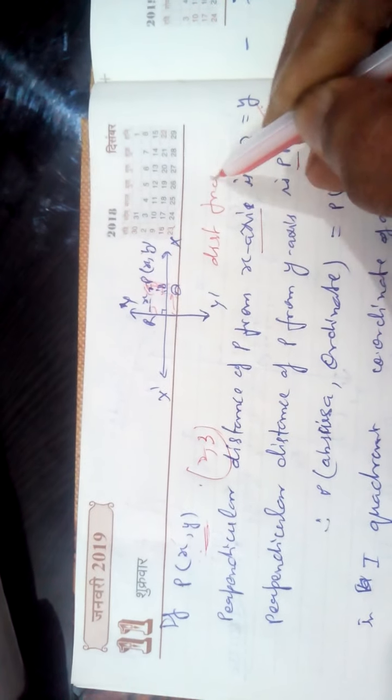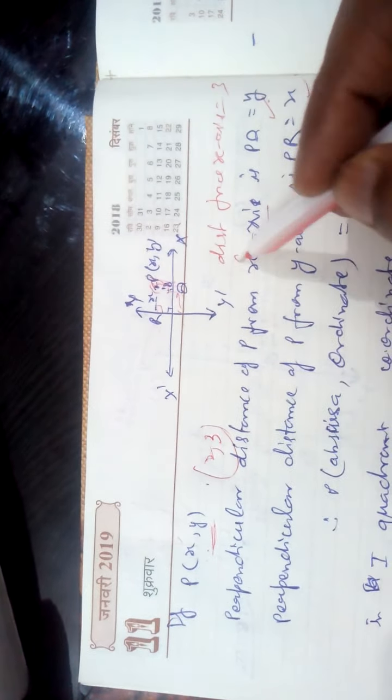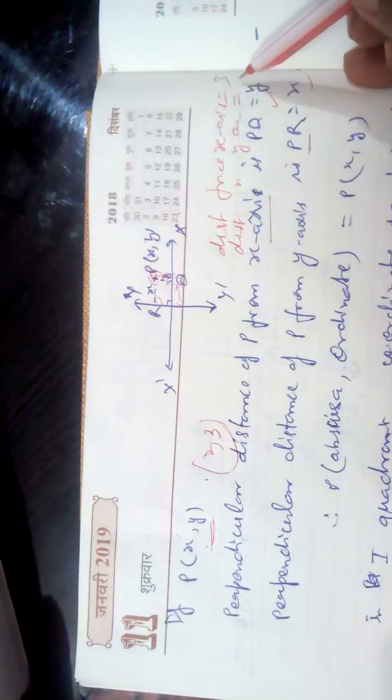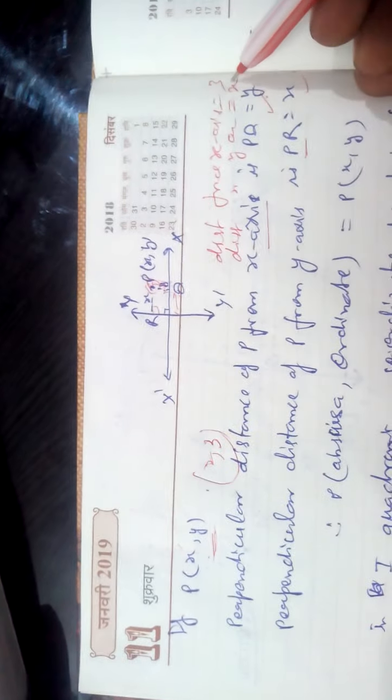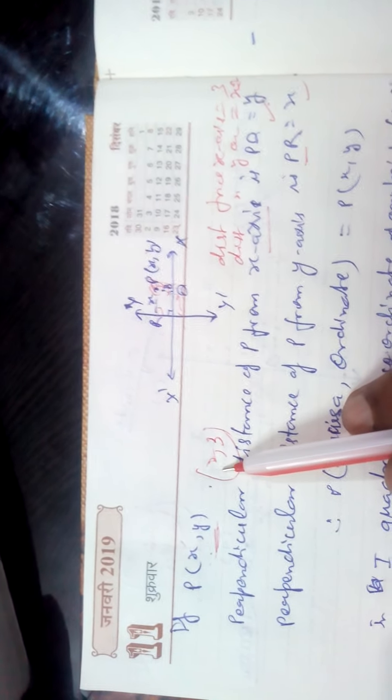Distance from the x-axis will be the value of y, that is 3, and distance from the y-axis will be the value of x, that is 2. If there is a negative sign, you don't write it; you write the absolute value.